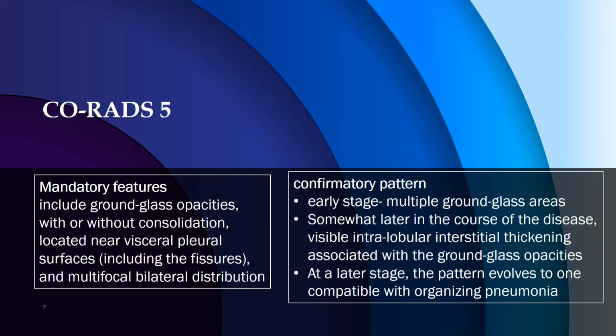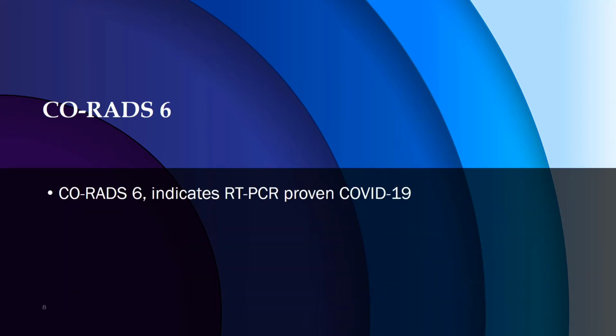Confirmatory pattern includes, at an early stage, multiple ground glass areas; somewhat later in the course of the disease, visible intralobular interstitial thickening associated with ground glass opacities. At a later stage, the pattern evolves to one compatible with organizing pneumonia. The next is CORADS 6. This indicates RT-PCR proven COVID-19.